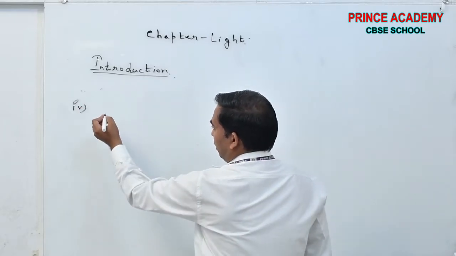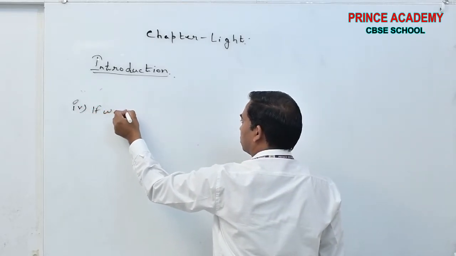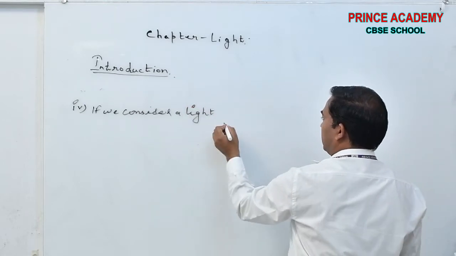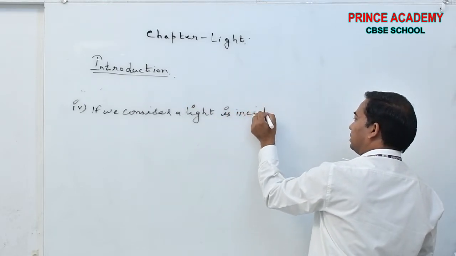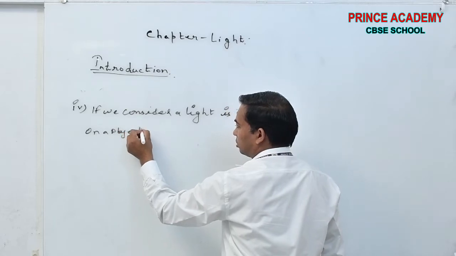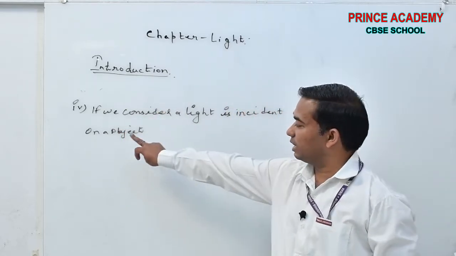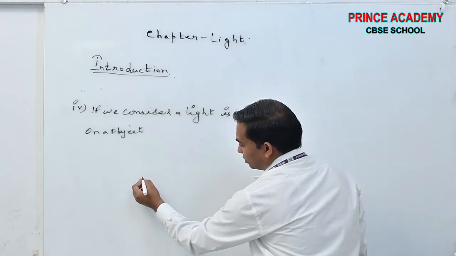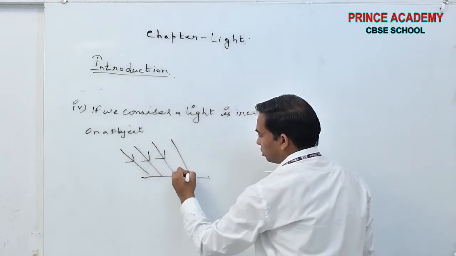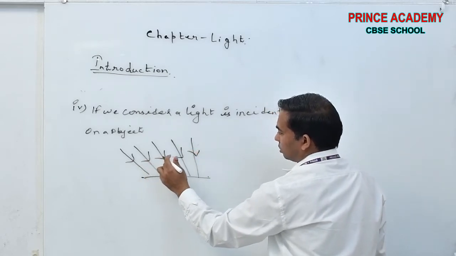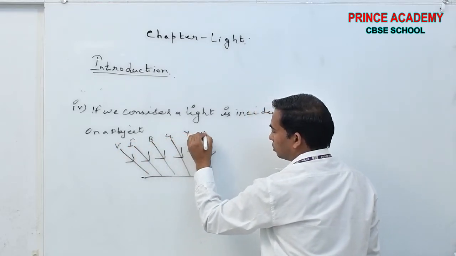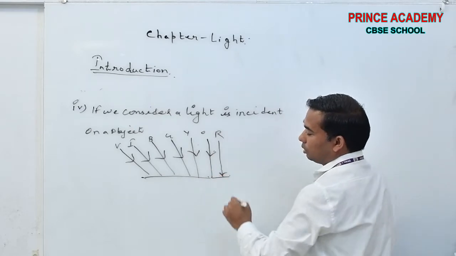Just like, if we consider a light incident on an object, the light consists of 7 colors.